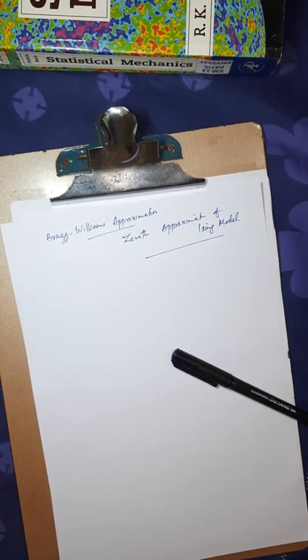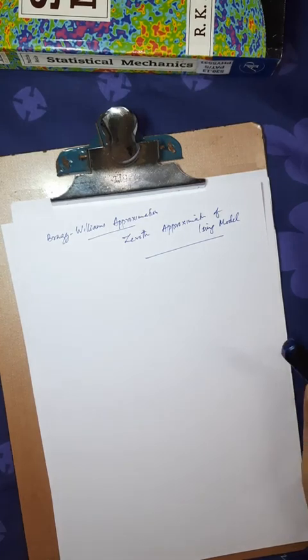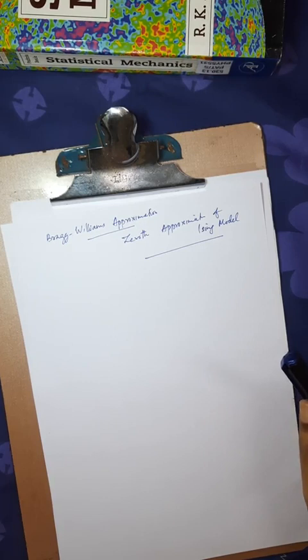Here, this Bragg-Williams approximation is basically an attempt to solve the Ising model. In that class, we derived a partition function of the Ising model, right?